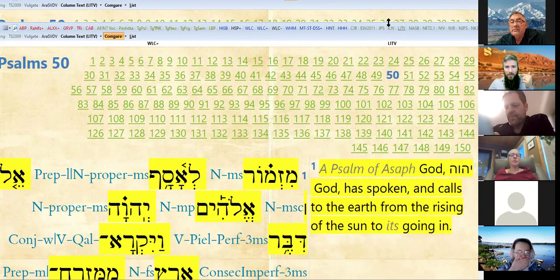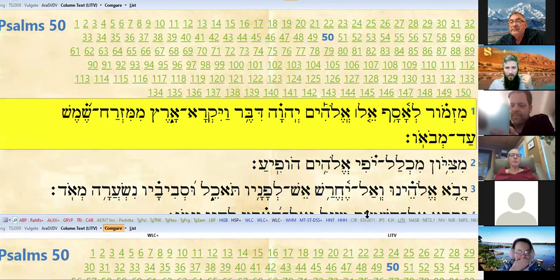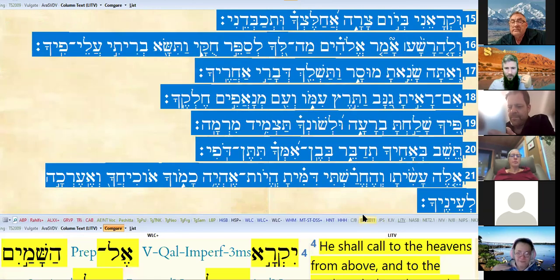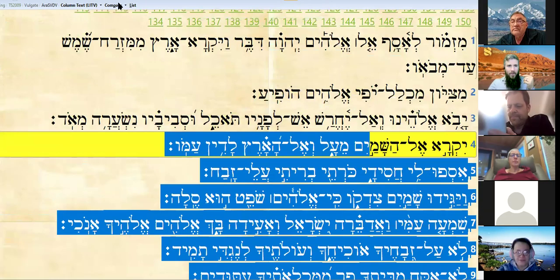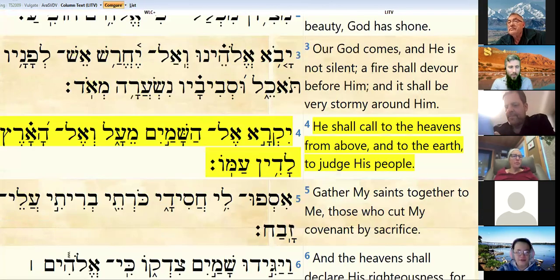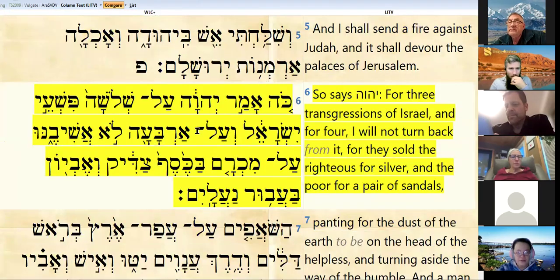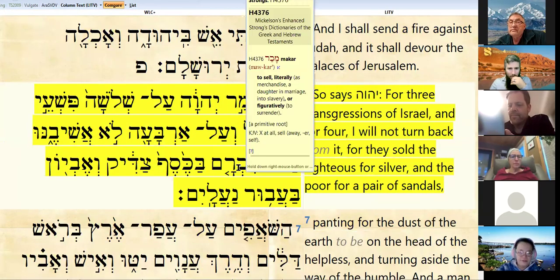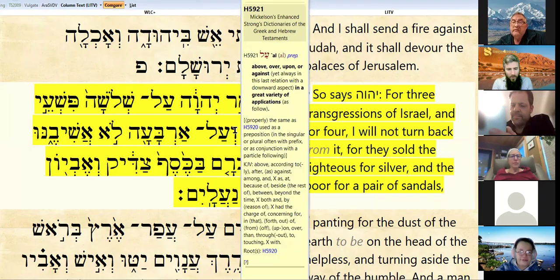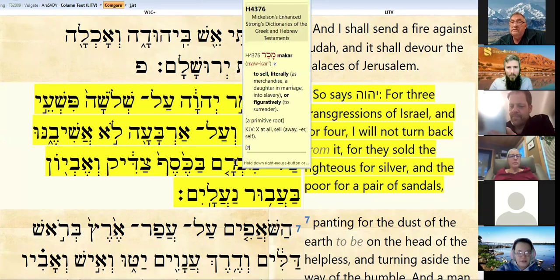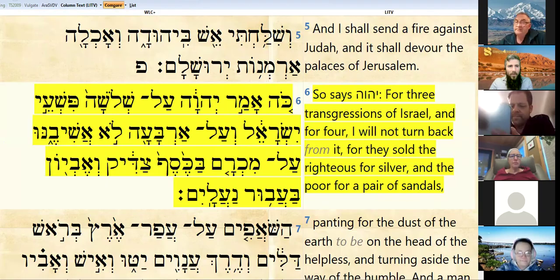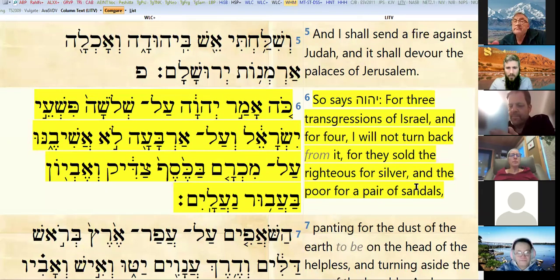So let's turn on the compare, and go to Amos 2:6. And here's the word michram. Come on, show us.